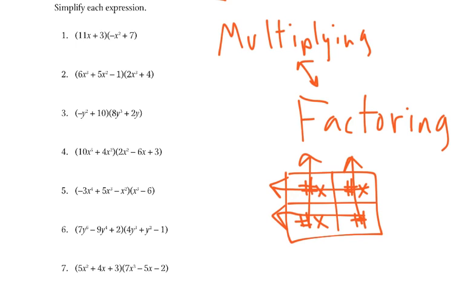Okay, so we're going to practice the multiplying here, which is good for as we get going. We're going to have to go backwards. So if we know where we're coming from, it's easier to go back to where we're going.